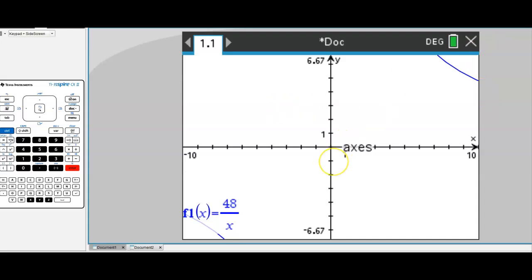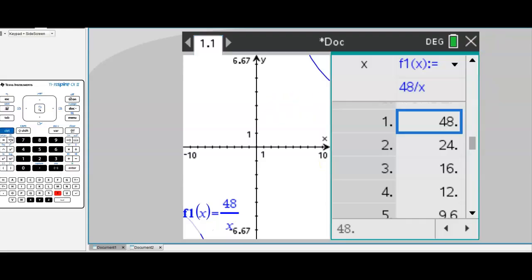What we want is to press Control T for our table, because this is going to give me my factor list of 48. So for example, 1 times 48 is 48. 2 times 24 is 48. 3 times 16 is 48. 4 times 12 is 48. And within this factor list, I'm going to look for the largest possible perfect square. 2 is not a perfect square. 24 is not a perfect square, so I'm going to ignore these.